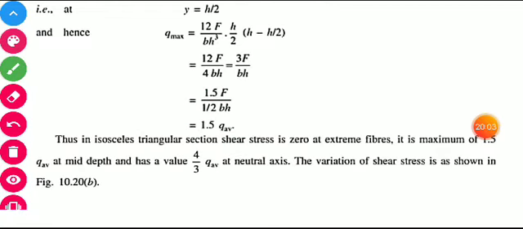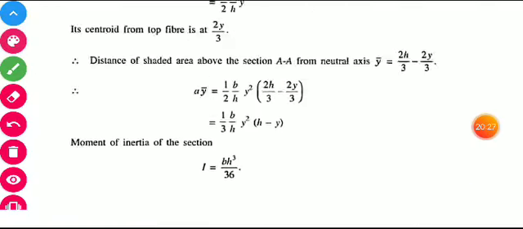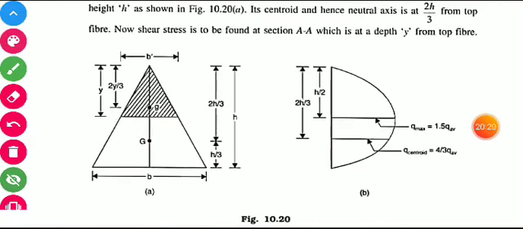So on the isosceles triangular section, the shear stress at the top and bottom extremes will be equal to 0, the maximum value is 1.5 tau average at mid depth, and the value at the neutral axis will be 4 by 3 tau average. You check the figure of this shear stress distribution.